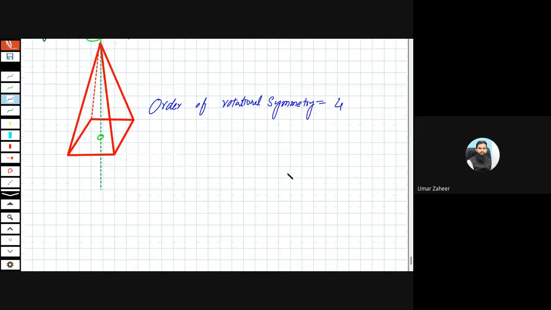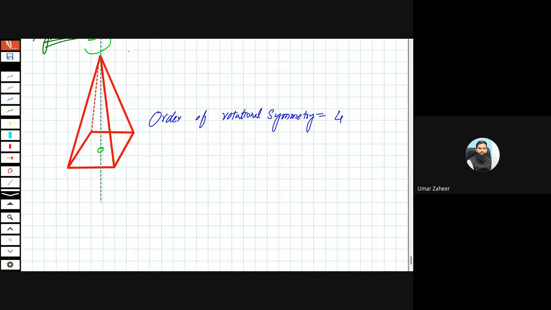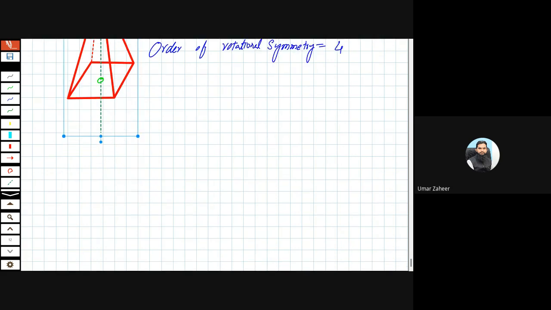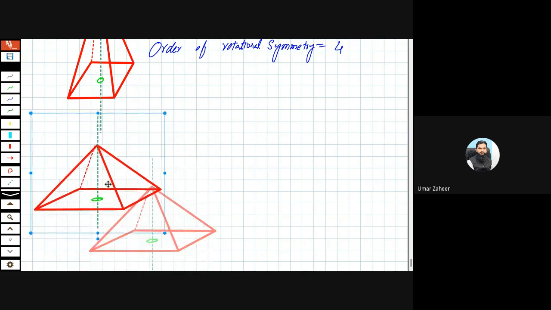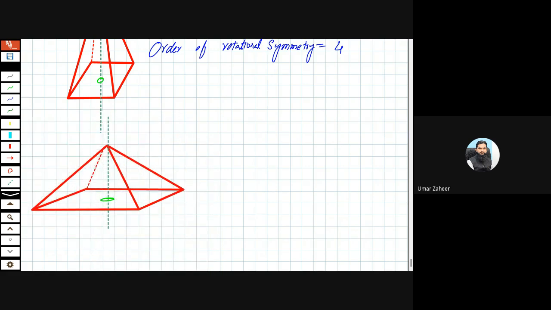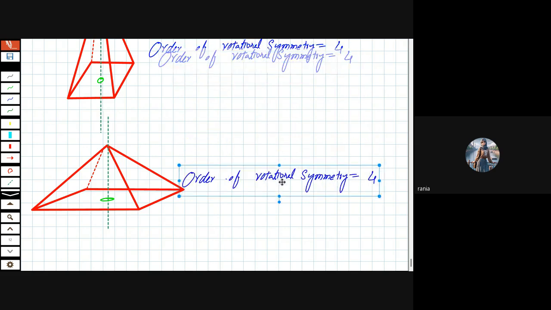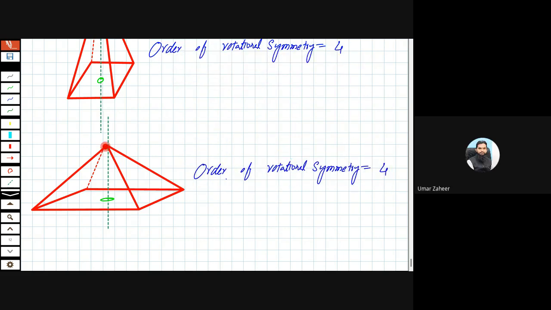It is a square base, and if, for example, it is a rectangular base, then what is the order of rotational symmetry going to be? Now, when you rotate it and it reaches here, it is exactly the same shape, right?